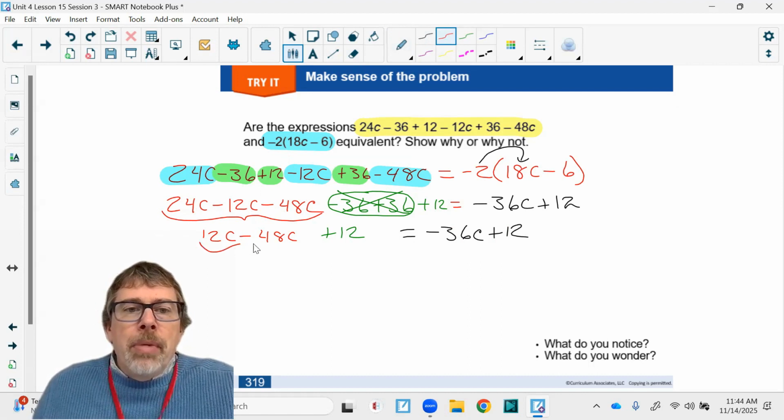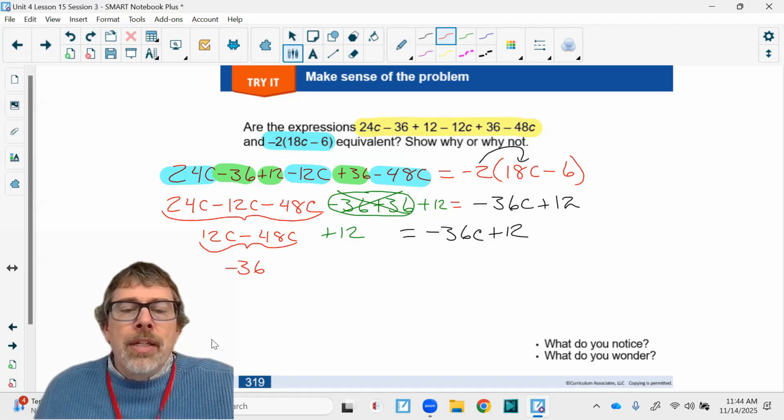So now I'm going to combine these two. 12c minus 48, well, that's 48 minus 12, which is 36, and you take the sign of the bigger, which was negative. 36c plus 12 equals negative 36c plus 12.